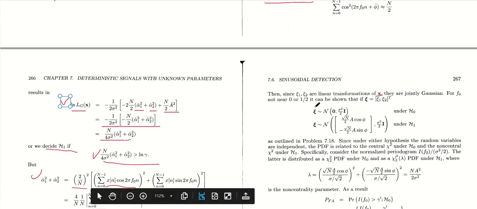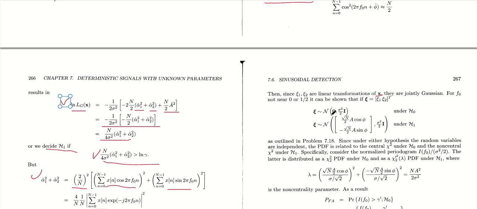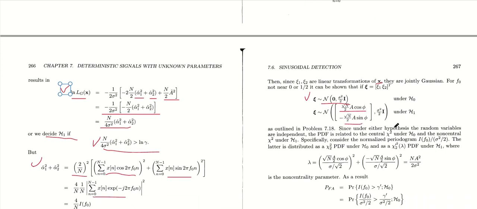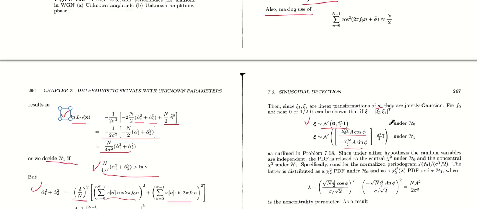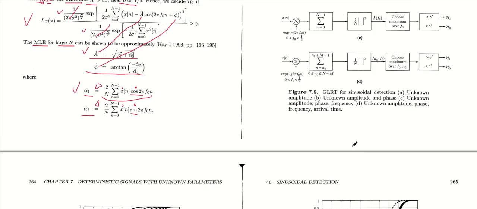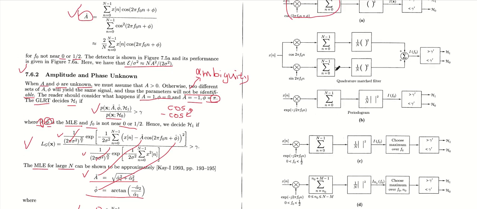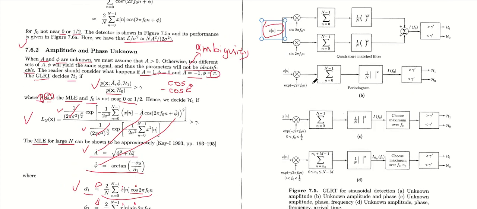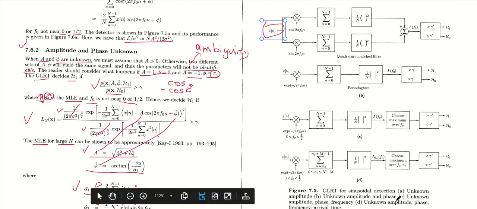And for f0, it can be shown that this cosine is Gaussian distributed by this and this. Okay, that's why when we take a look at this, you see you have x. Let's take it a little bit slow.